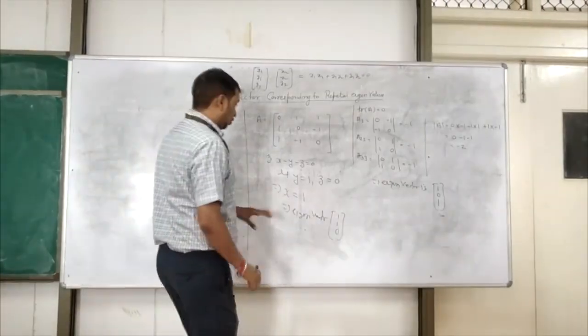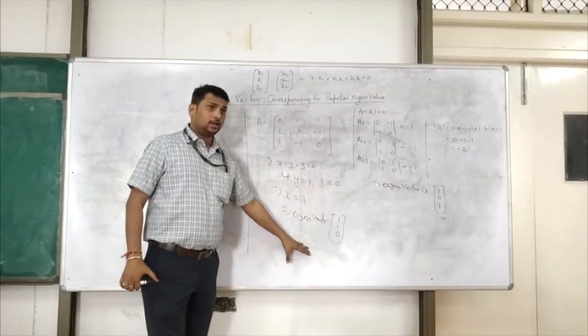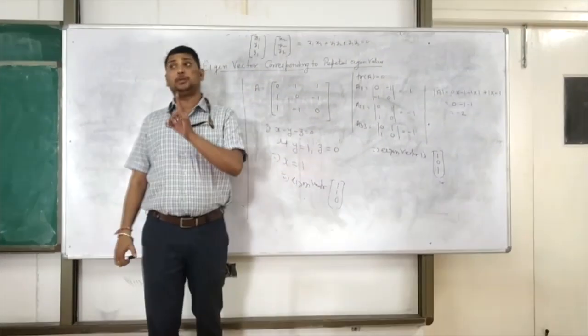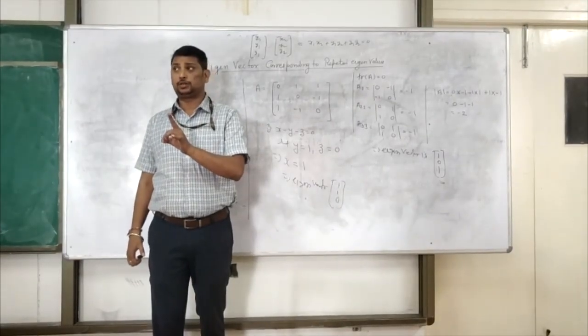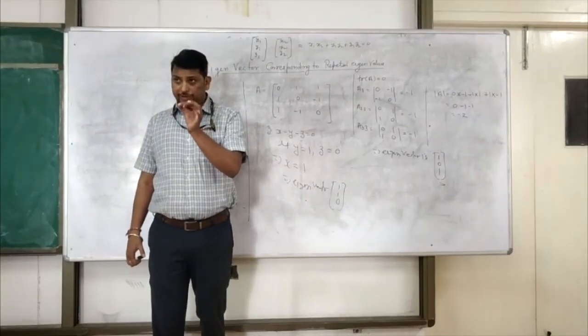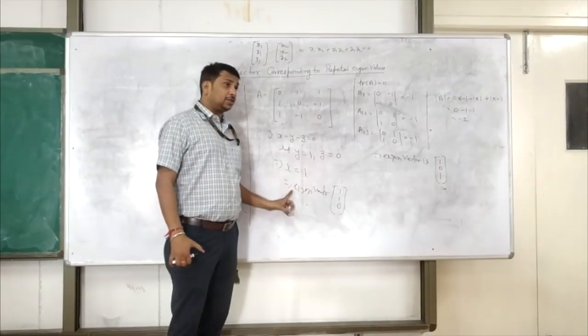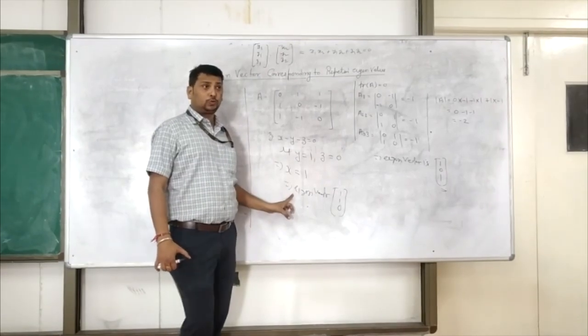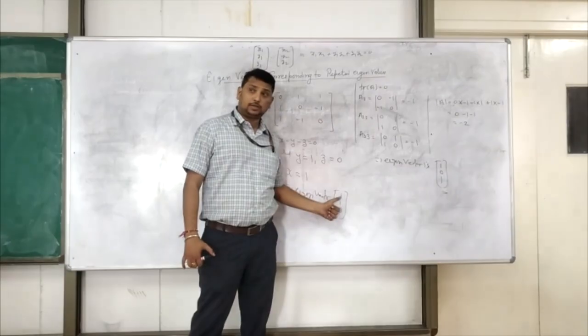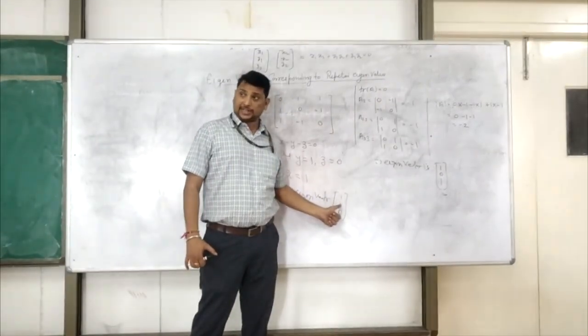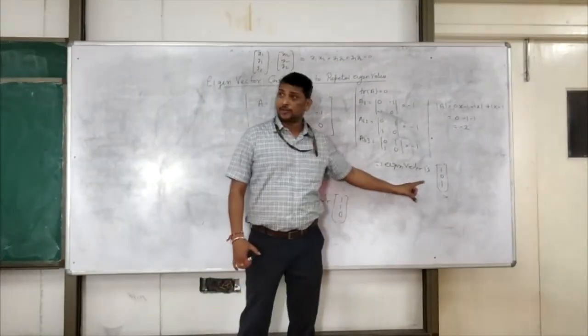Understand? So one way you understand. The next part is the most important one. How do we calculate a vector which is orthogonal to this vector as well as this vector?